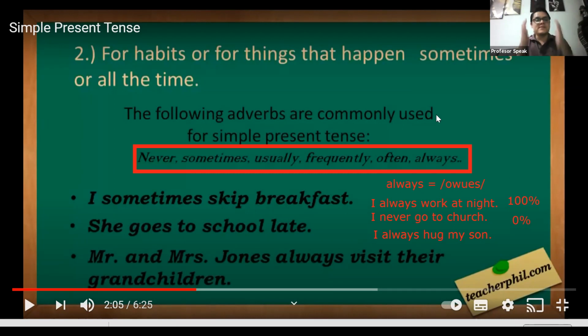Okay, so we use these frequency adverbs to express frequency, how often we do certain activities, okay? And we use them in simple present. Let's continue.